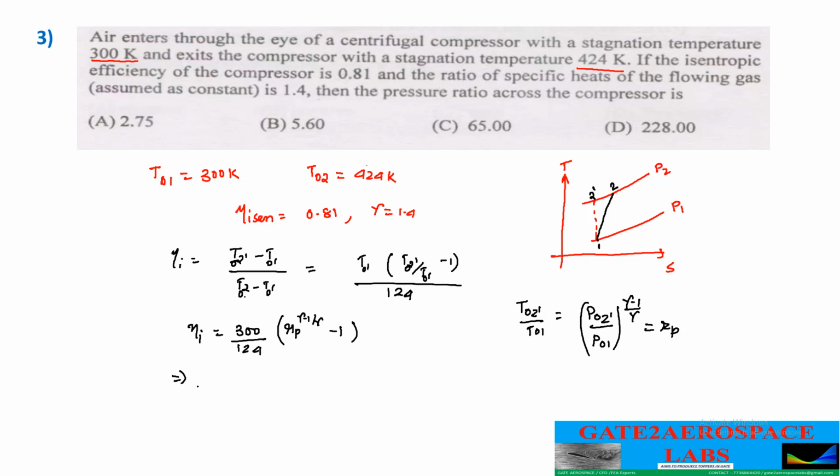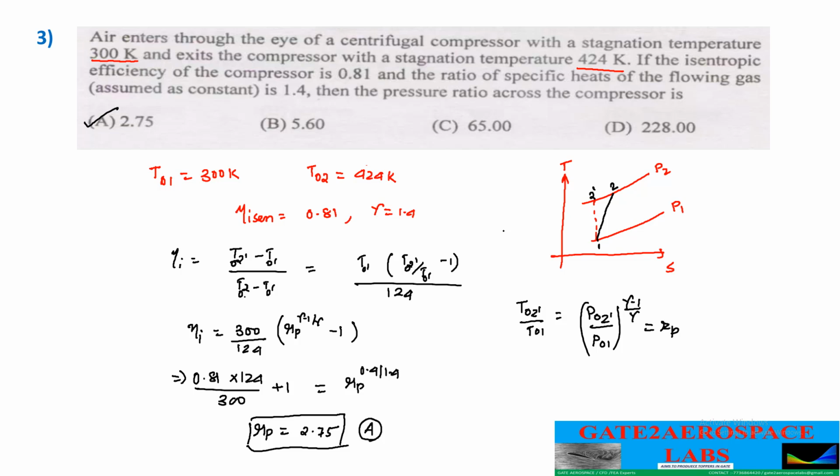So eta I is given as 0.81 into 124 divided by 300, plus 1, equals Rp to the power 0.4 divided by 1.4. If you solve this, you will get the value of Rp, which is equal to 2.75. So this is our answer. Option A is the correct answer.